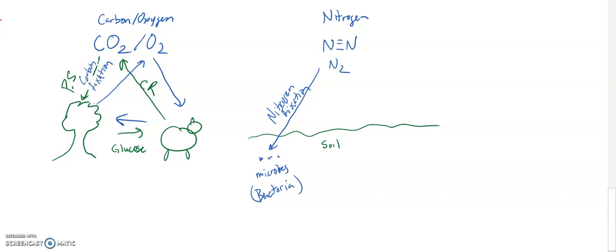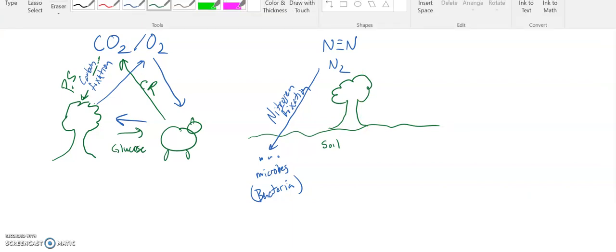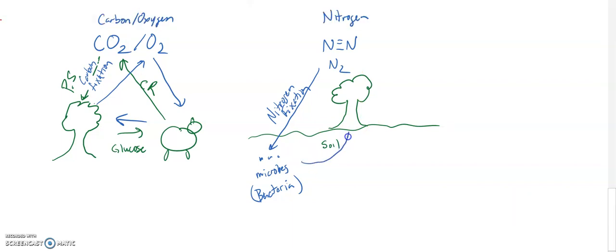Now from here, the nitrogen can be taken up into plants. Once the nitrogen is turned from a gas to a solid, it can go through transpiration into the plants. Why? To make amino acids or proteins, to make nucleotides or nucleic acids. Important concept. Why is nitrogen important?